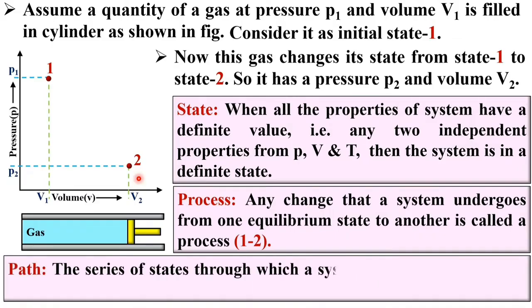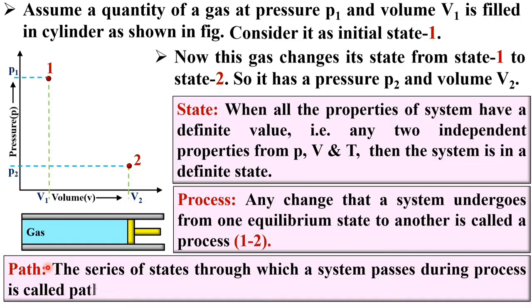Now the next definition, path. The series of states through which a system passes during the process is called the path. So let me draw the intermediate series of states. Here you can see the intermediate series of states A, B, C, D, E. These are all the series of states for the process 1 to 2.